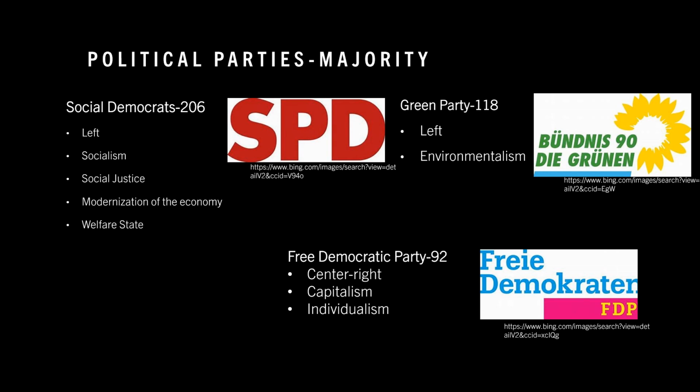Then you have the Free Democratic Party, which is a center-right capitalist and individualistic party. You may be wondering, why is the center-right party in a coalition with two left-wing parties?